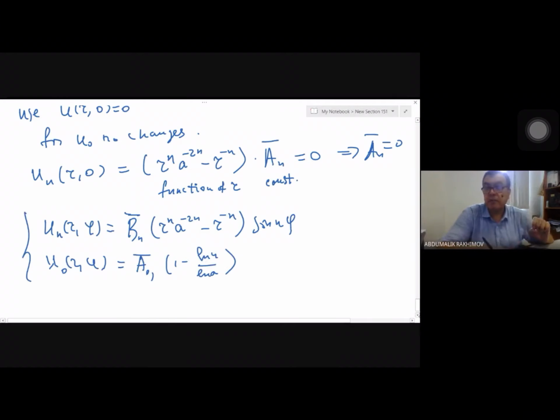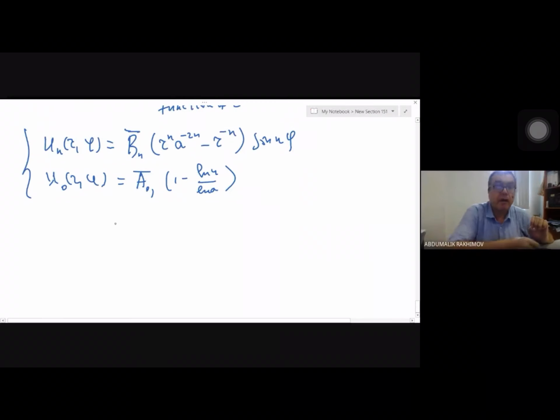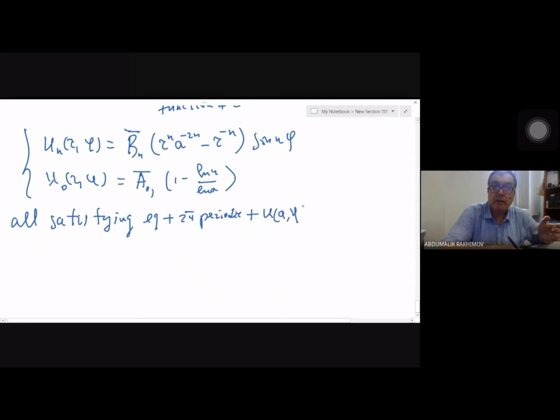Now what we can say about this? All of them satisfy the equation plus the 2 pi periodic, plus satisfy this condition u(A, phi) is equal 0, and plus u_r at 0 is equal 0.